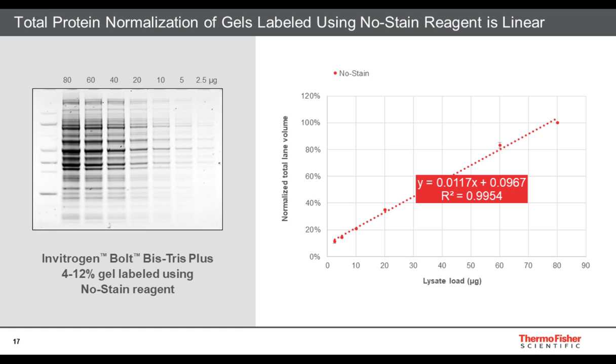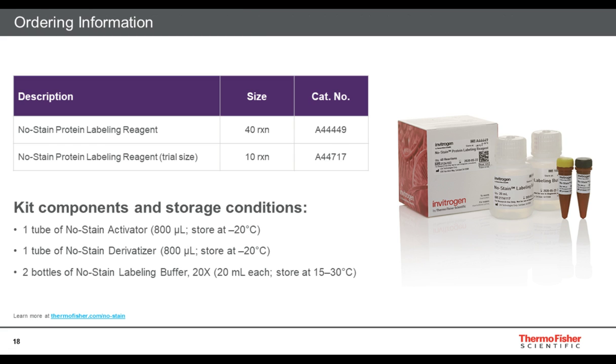So the message here is that the no-stain labeling reagent works really well for labeling proteins in gels, and it can be linear over a very long range of protein concentration, similar to what we saw with labeling of membranes in the previous data sets.